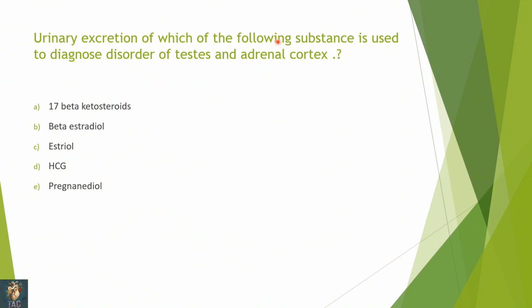This is the byproduct of the androgen hormones, which are mainly released from the testes and a small amount by the adrenal cortex. And the byproduct of these androgens is 17 ketosteroid, which is excreted in the urine. So this is the correct option.